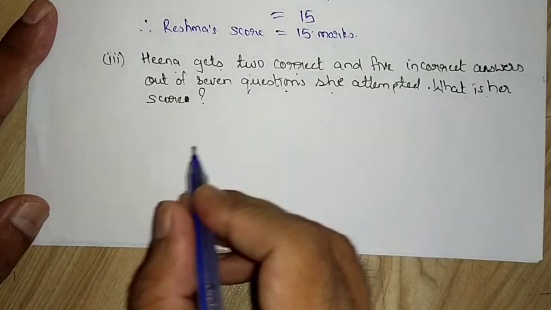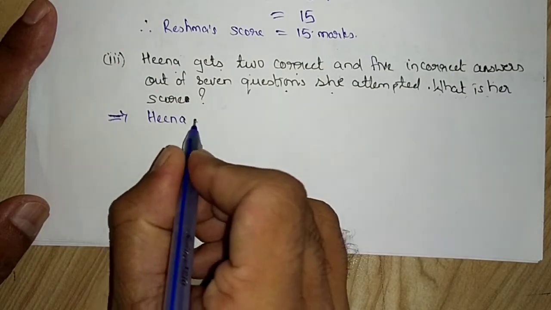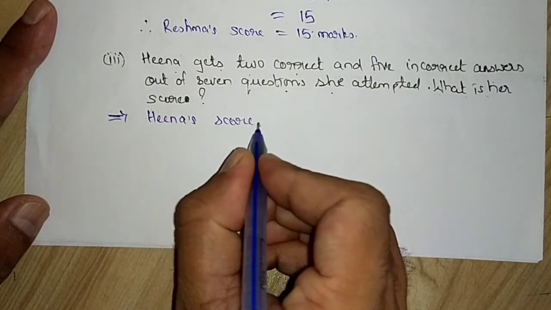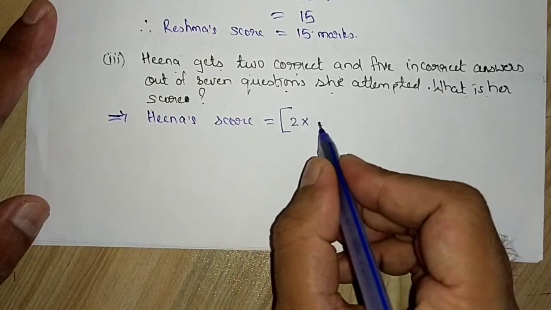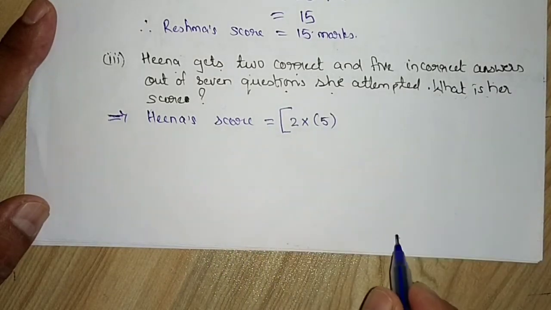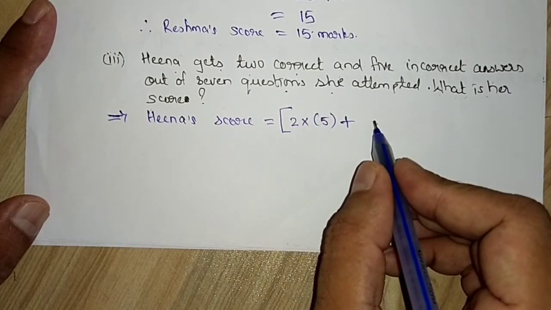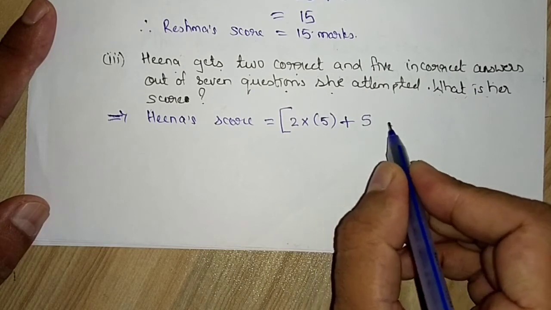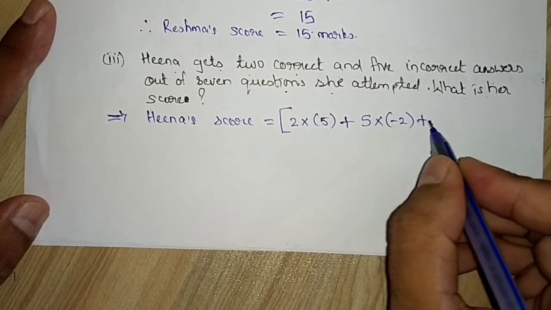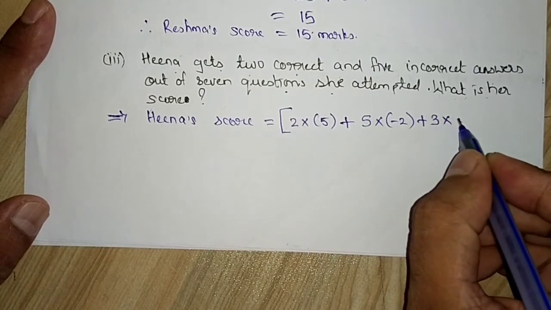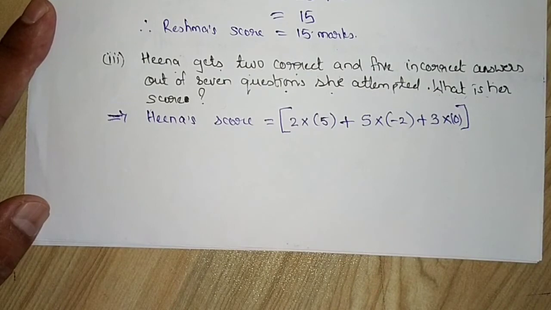What is her score? So let us write. Hina's score is equal to 2 questions, each of 5 marks, plus 5 questions incorrect, each of -2 marks, plus 3 questions which she didn't attempt, whose marks are 0.